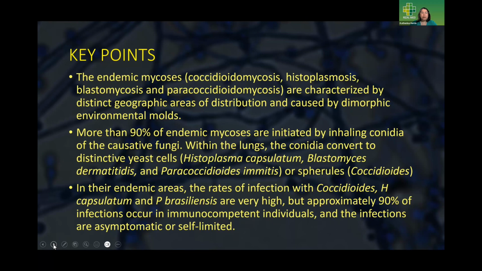In their endemic areas, rates of infection with Coccidioides, Histoplasma capsulatum, and Paracoccidioides brasiliensis are very high, but approximately 90% of infections occur in immunocompetent individuals who are asymptomatic or present with self-limited disease.